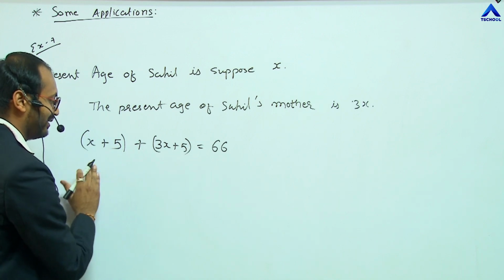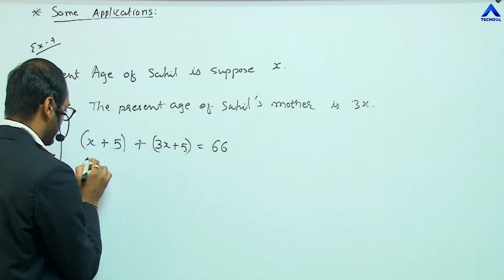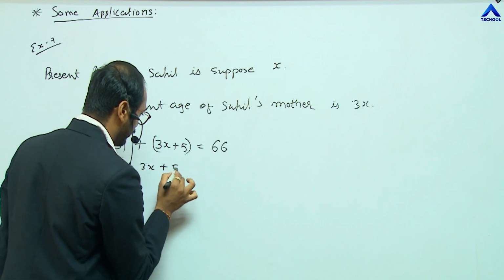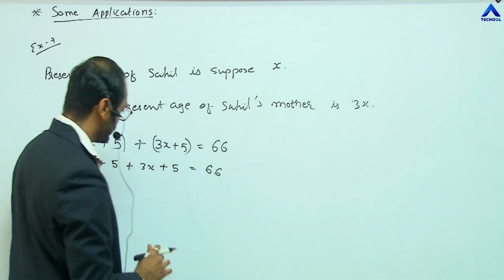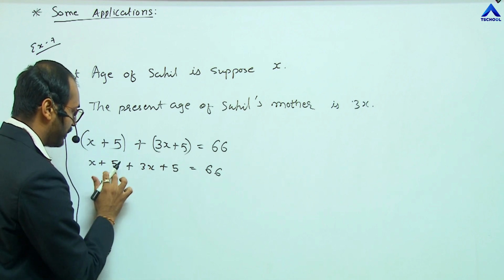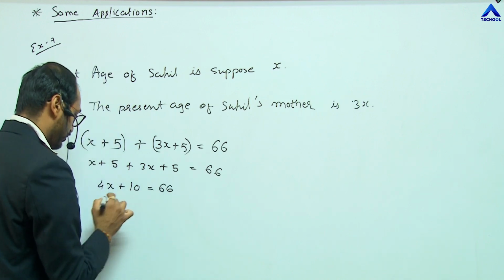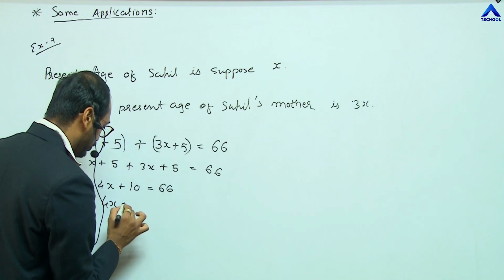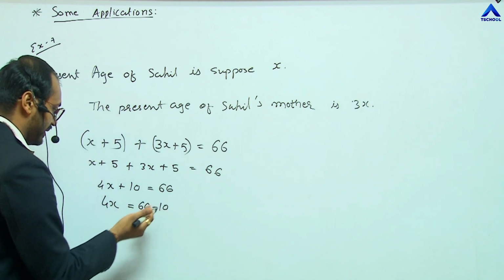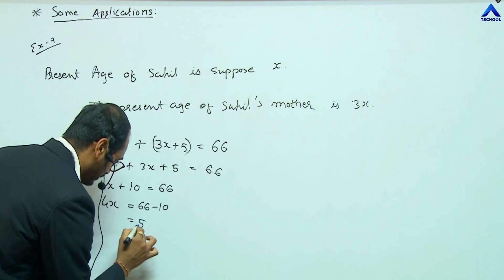What happened here? We know that this is addition, so the sign does not change. Here X plus 5 plus 3x plus 5 gives 66. X plus 3x gives 4x, and 5 plus 5 gives 10, equals 66. Now let me subtract 10 on both sides. 4x equals 66 minus 10. We get 56.